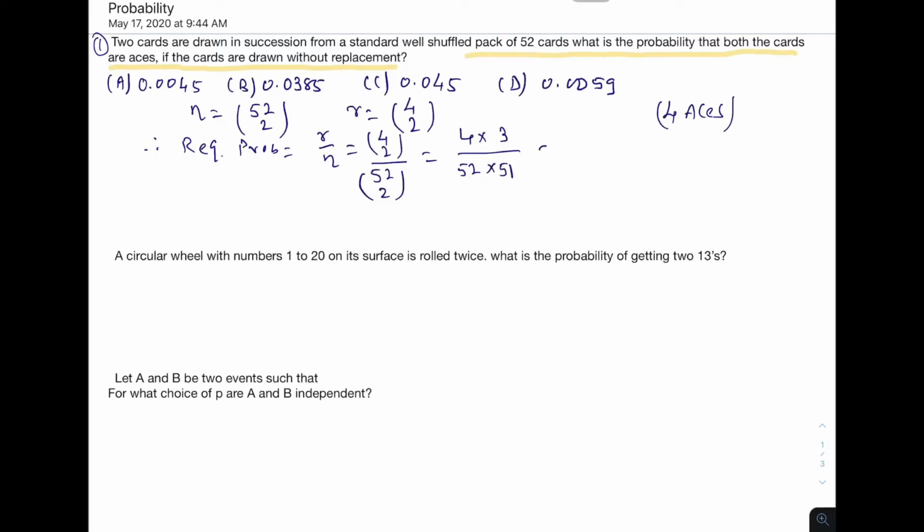Okay, and so this is nothing but 1 over 4 and 13, 3 and 17. So it is 1 over 221, and so this is 0.0045. So the option is A.